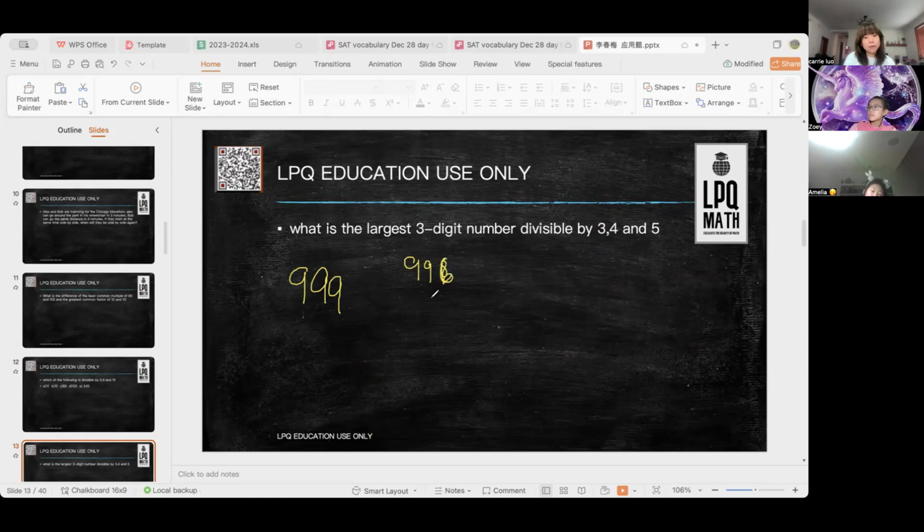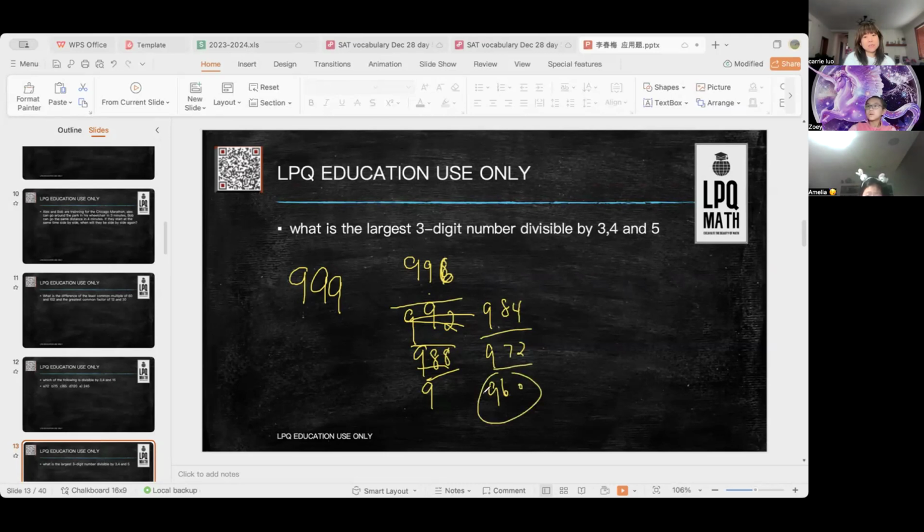Sorry, 996. 992, 988. So I should minus 12 every time. So 984, 972, and 960, right? So these numbers are both divisible by 3 and 4. But only 960 is divisible by 5, so that's why it's 960.